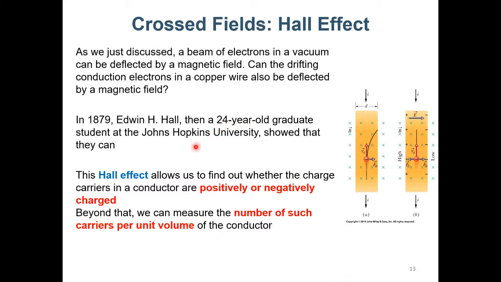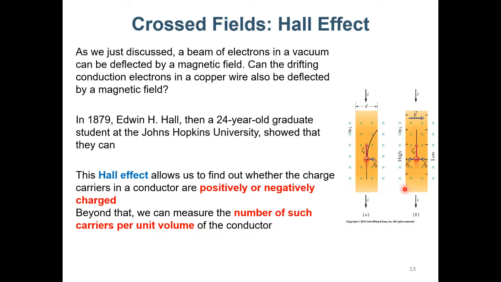But for this experiment, we call it the Hall effect. We can determine the polarity of the charge, and beyond that, we can also measure the number of such carriers per unit volume of the conductor.